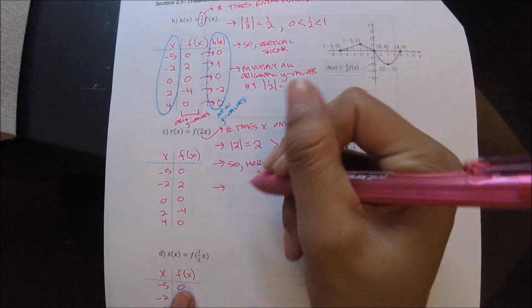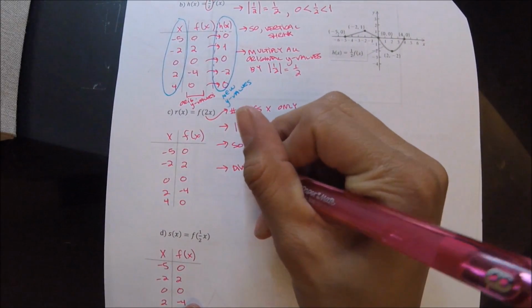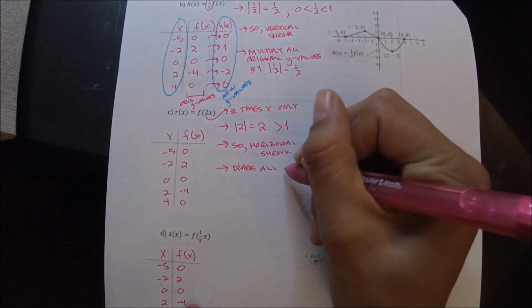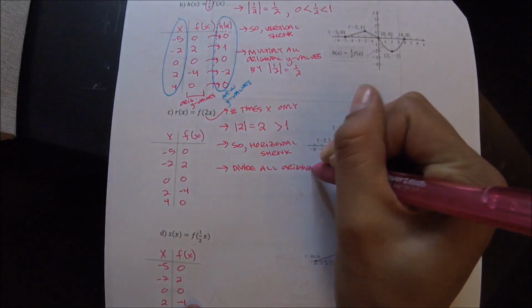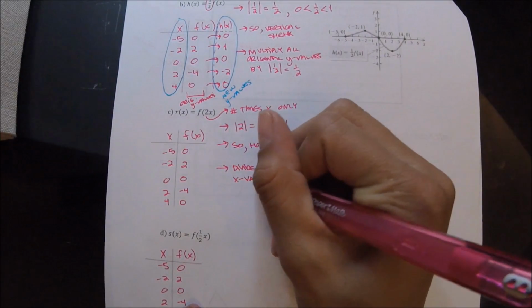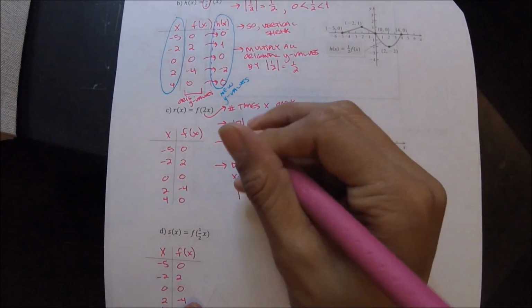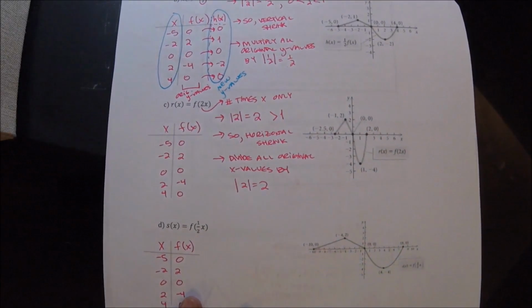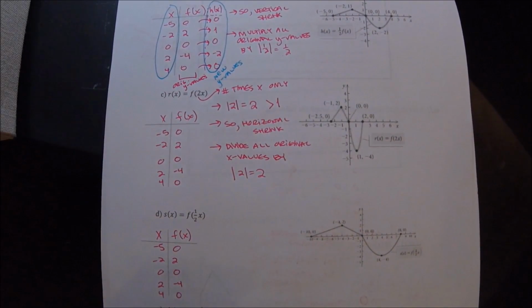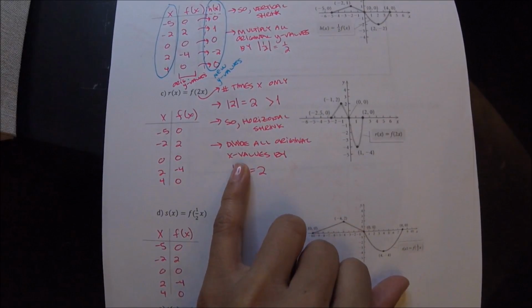and that's telling us then to divide all the original x values by the absolute value of 2, which is 2. So it's a little bit different than parts A and B because we are not changing the y values. This time we're changing the x values.